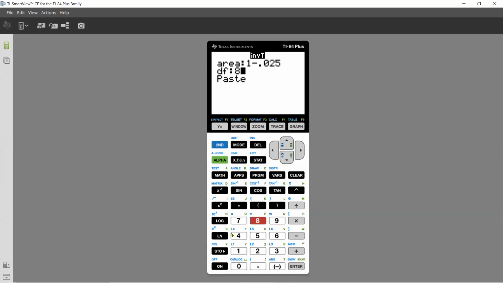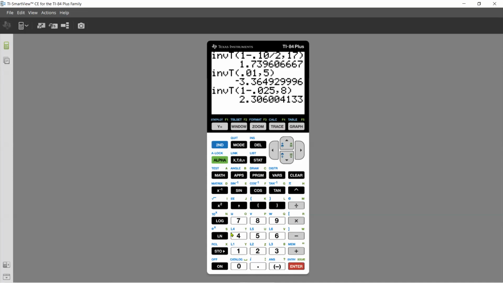Yes, very good, 8. Paste it, and you get 2.3060. And we only have one because this is a right tail, so it's positive, and there's only one of them. 2.3060 is your T. Okay.